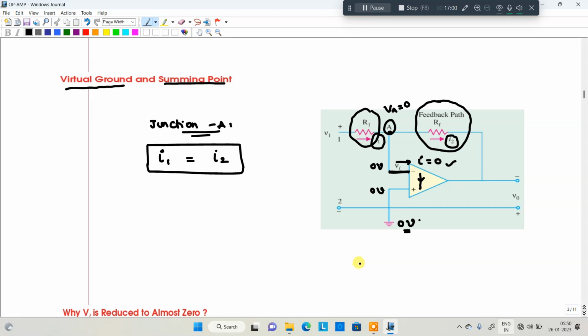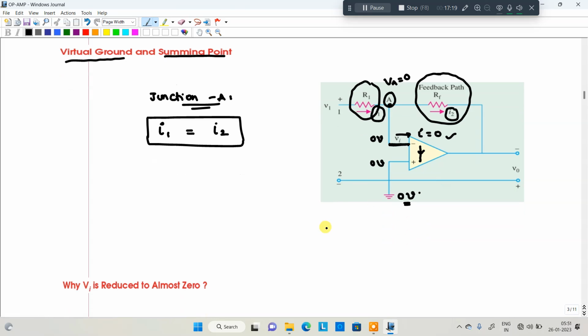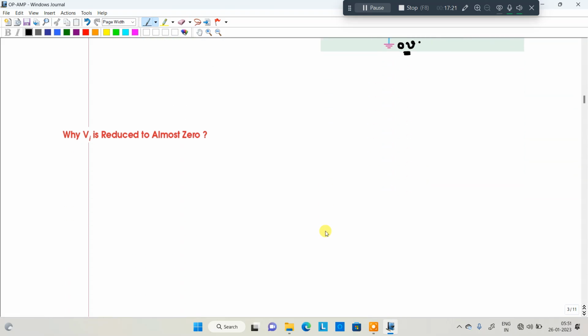Virtual ground means that when the non-inverting terminal is grounded, the same voltage appears at the inverting terminal also, due to the current flowing through the op amp being 0. That is the ideal characteristic. Due to that virtual ground, both the voltages are 0. Next I will discuss why Vi is reduced to almost 0.